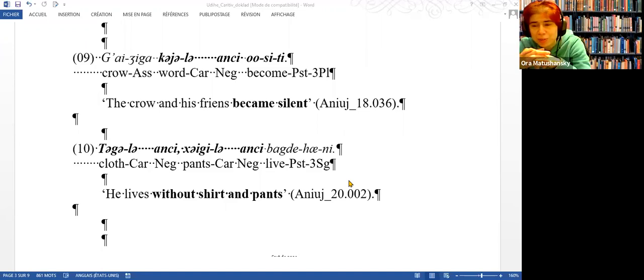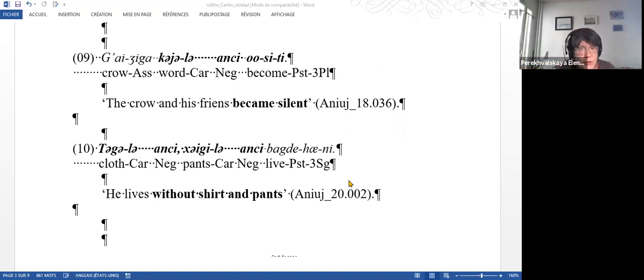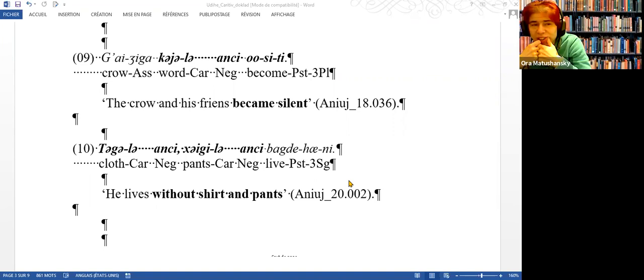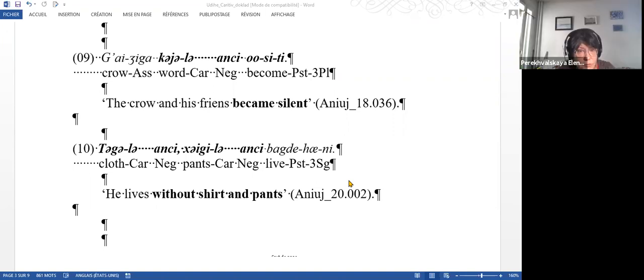And does negation normally behave like this? So if you take anti and you try to put it on some other conjoined constituent, would it also be repeated? You mean anchi is only existential negation. Verbal negation is different. So it's existential negation as in there is no brother? Yeah.